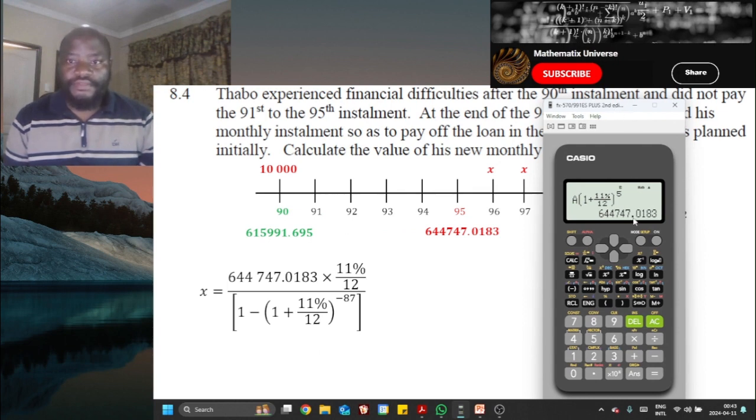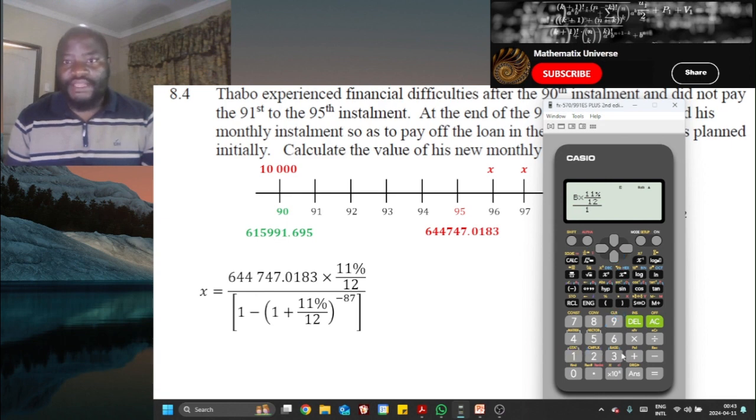So we have this amount again. Let me store it again, this time at B. We're going to use B in place of this value here. So we need a fraction. Let's clear everything. On the top of the fraction, we need that B that we just stored multiplied by another fraction of 11% over 12, divided by our square bracket.